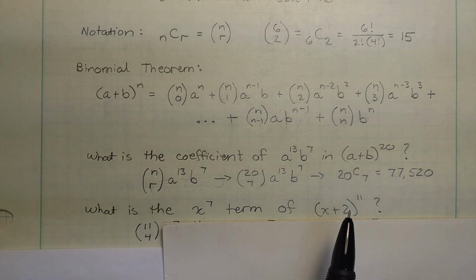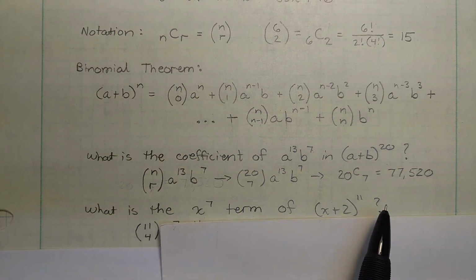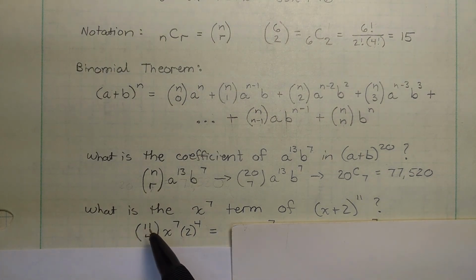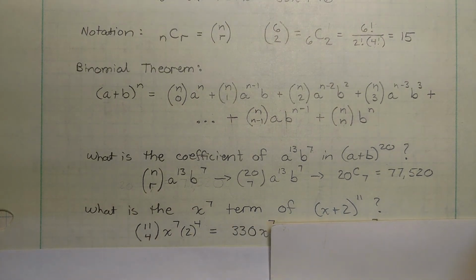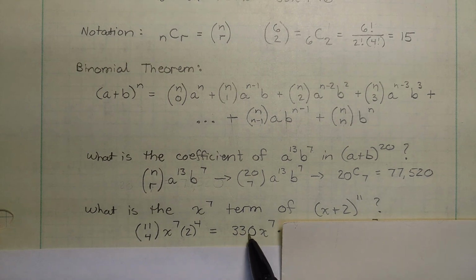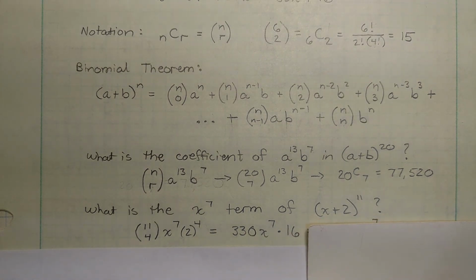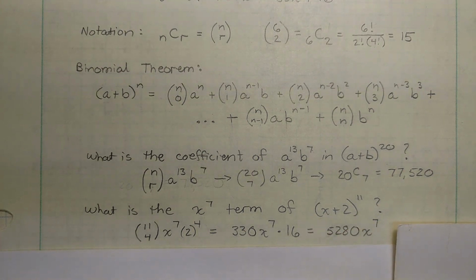So I know this is going to be 11C4, x to the 7th, 2 to the 4th. Calculating 11C4, with a calculator I would do that. I get 330, x to the 7th, and 2 to the 4th is 16. Now I have to multiply this in my calculator, and I get that to be the x to the 7th term.